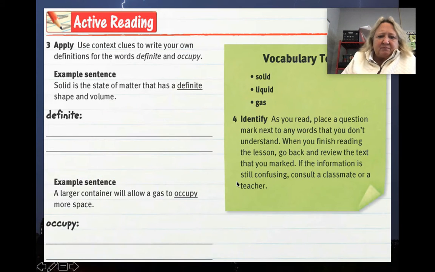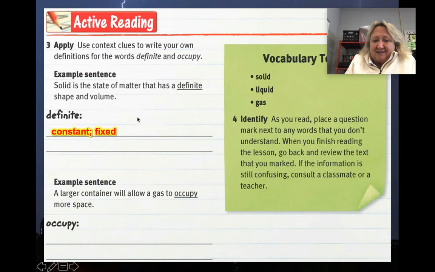All right, next activity. Just look at the context that it's used in, make Mrs. Stout proud, that can give you a clue as to what the word is. So in this example, solid is the state of matter that has a definite shape and volume. So what do we think definite would mean there?